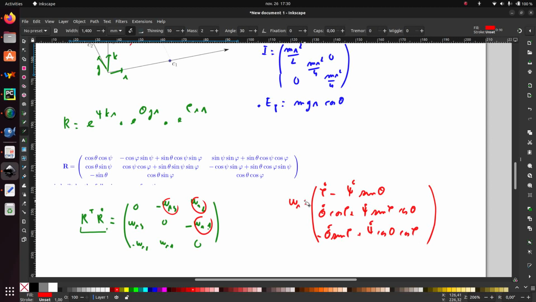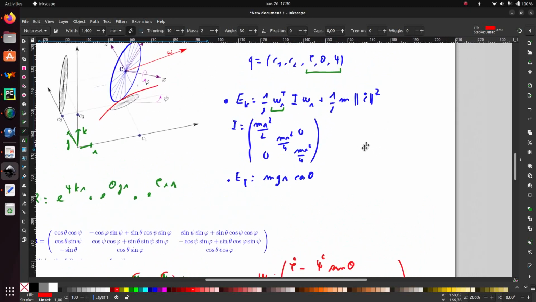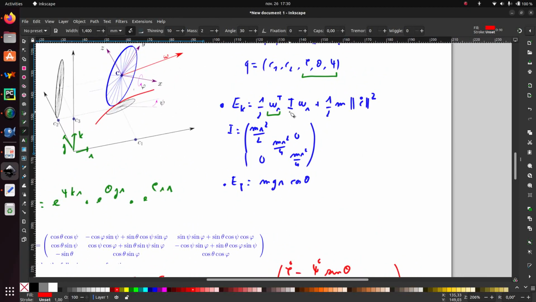So I have an expression for omega R. As a consequence, I will have an expression for the Lagrangian.